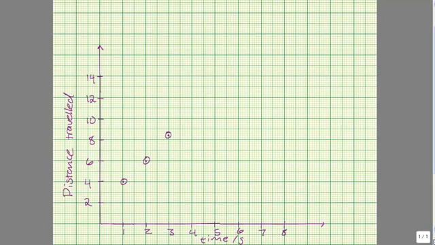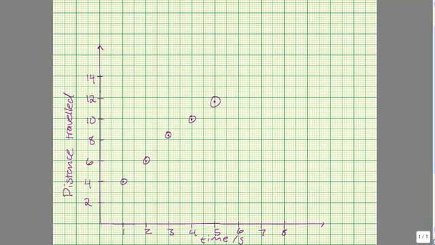For our next point, y is 10, and x is 4. So that one falls right here. For our next point, y is 11.6 meters, and x is equal to 5 seconds. So that point falls about right here.